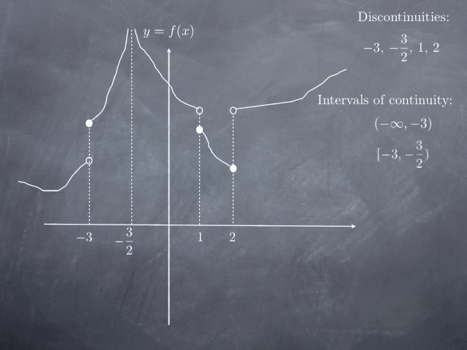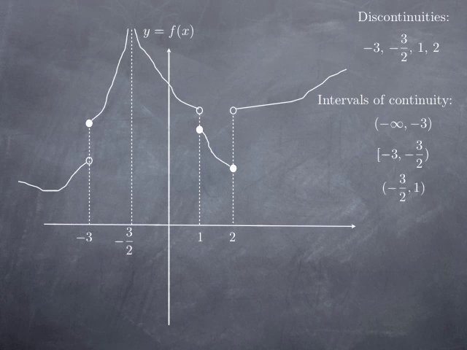But on the other end, the function is continuous on the interval from -3, where we can include the endpoint -3, because the value of the function at -3 coincides with the one-sided limit of f from the right at -3.